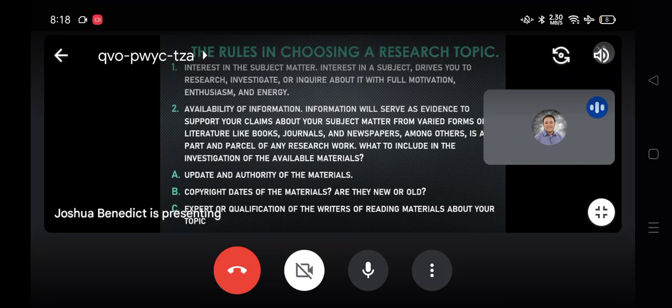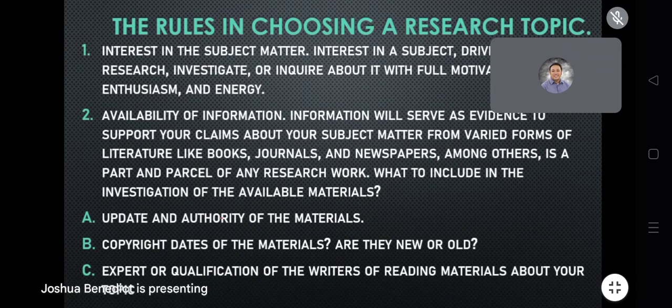You must check the update and authority of the materials, meaning if you're going to use a certain text or citation from a certain author, you must cite it. You must put references. You do not simply copy-paste.